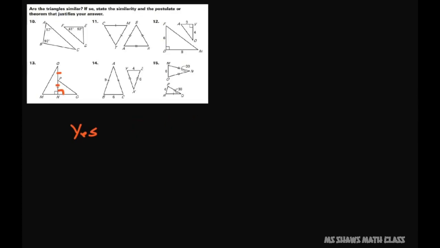Sorry about that. Side, angle, side similarity theorem. Because you have an angle here. This angle here. So, since these are both right angles, then that means we have the two sides here.